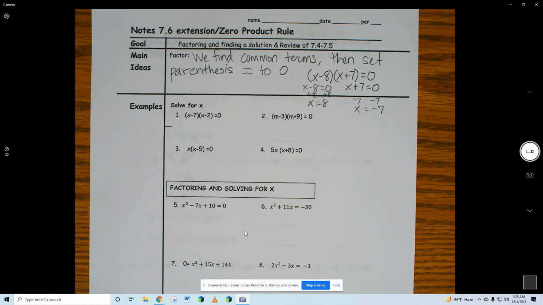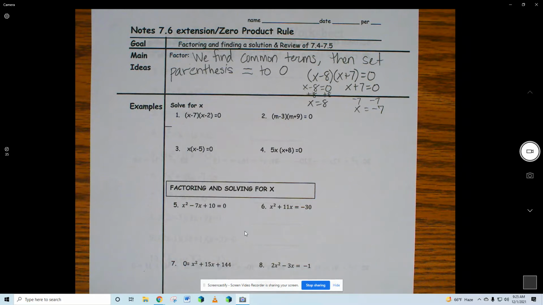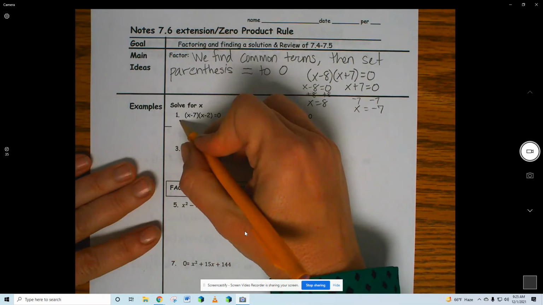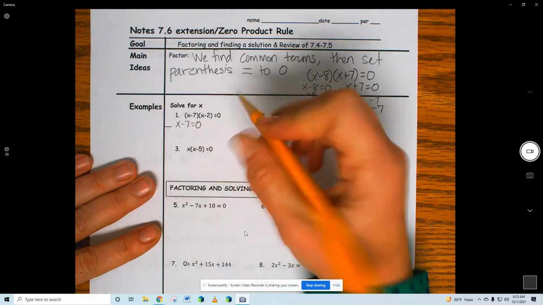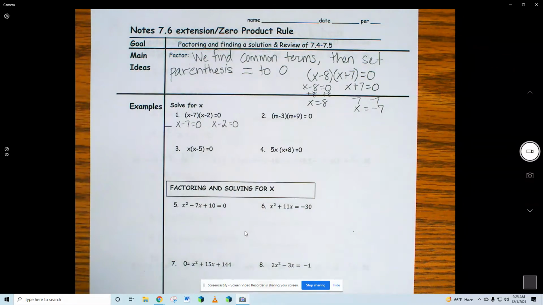You get your parentheses first. So let's do 1 through 4 because these are pretty easy. Everything has to be set equal to 0. So I'm going to do the x minus 7 equals 0. Take it out of parentheses and set it equal to 0.